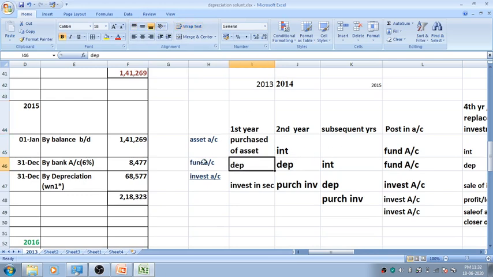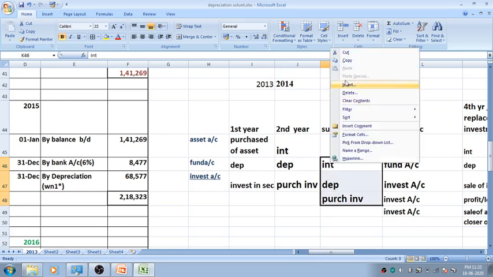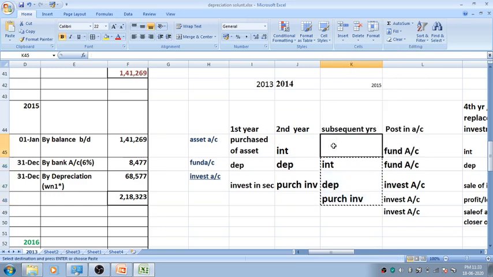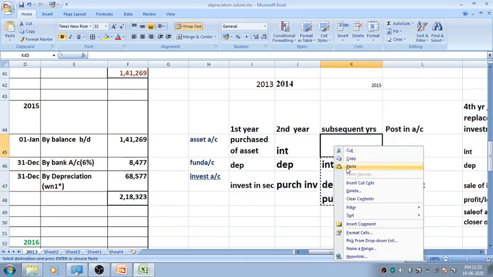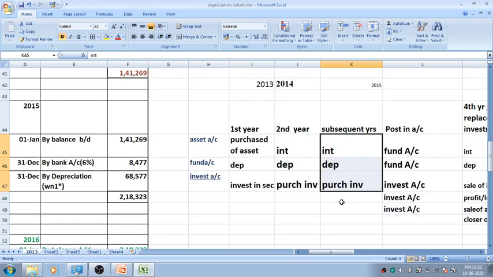Then depreciation, fund account, investment, investing in securities, investment account. In the second year, interest in the fund account, depreciation in the fund account, and purchase of investment also in the last account, that is interest on investment in the investment account.